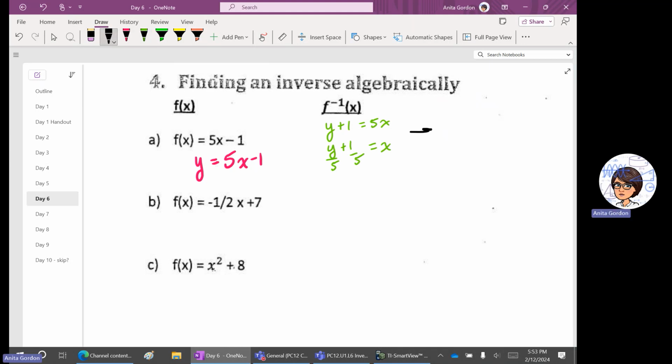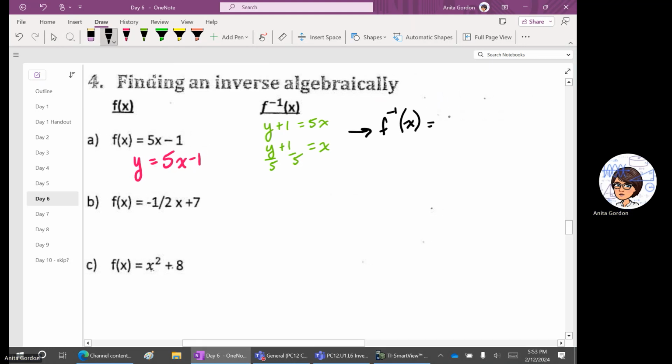So my inverse function is x over 5 plus 1 over 5. This is the inverse. Once you have x isolated, that's your inverse function. Okay, and it can get as complex or as easy as you like. It just depends on your algebra skills.